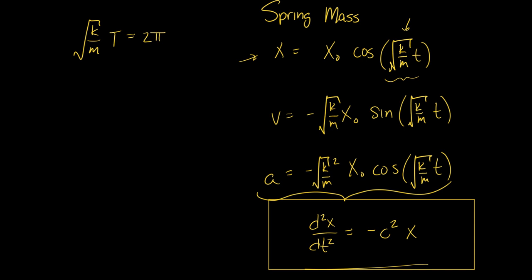Notice I'm putting a capital T there because this is when the object comes back to its original position, when everything inside that parenthesis has increased by 2 pi. This has got to be how long it takes for my system to repeat.